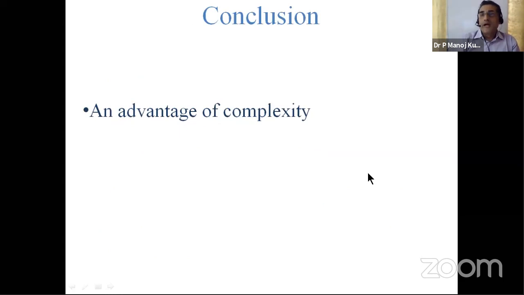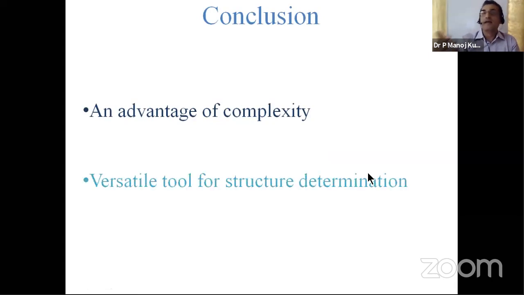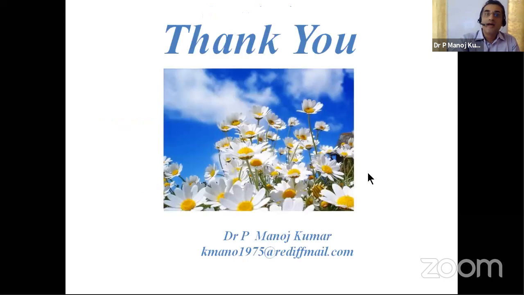Even a very simple molecule can give rise to a very complicated spectrum, and advantage has to be taken of this complexity while trying to interpret the structure of an organic compound, while comparing the spectrum of an unknown organic compound with that of an authentic sample. And a peak-by-peak correlation is an excellent evidence of the identity.